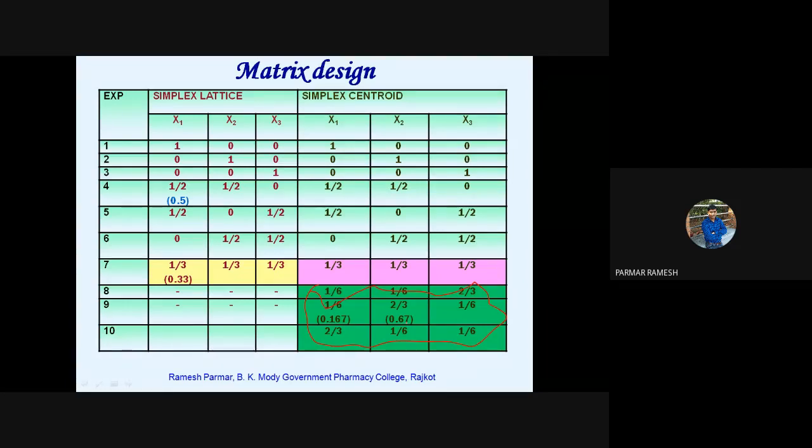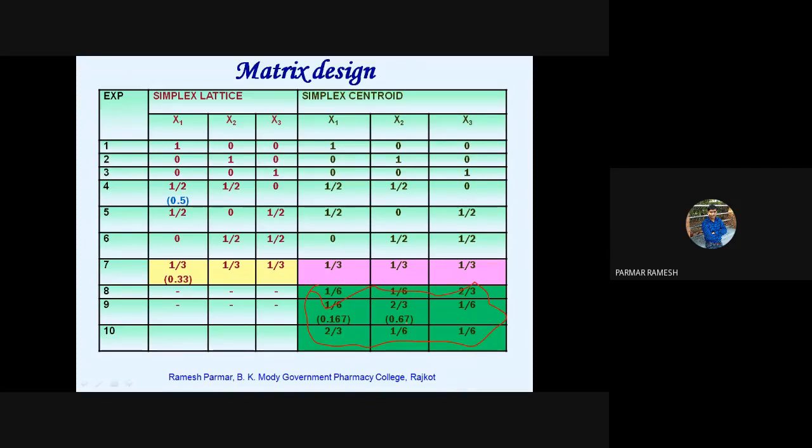Now, if you are working with the simplex lattice design, we cannot get the idea about non-linearity because we are having less number of points. And you need to remember one golden rule of experimental designs: you can derive maximum n minus 1 coefficients with confidence using any experimental design, where n is the number of experimental runs. If we are performing 8 experiments, we can get maximum 7 coefficients.